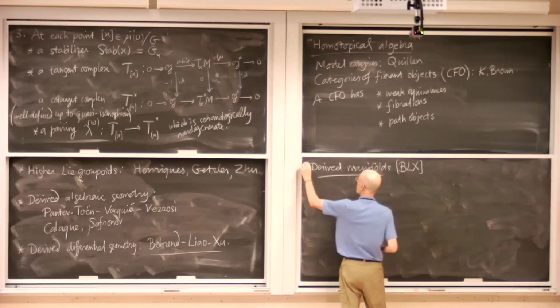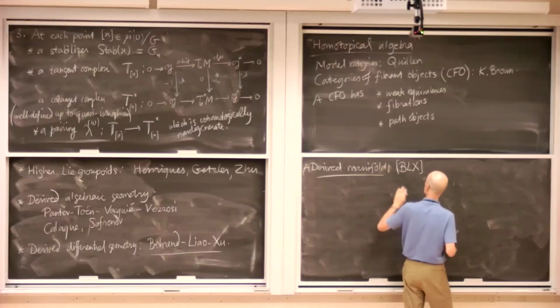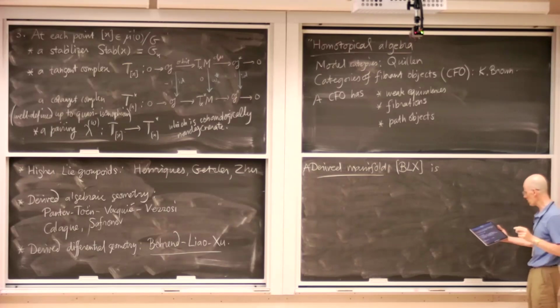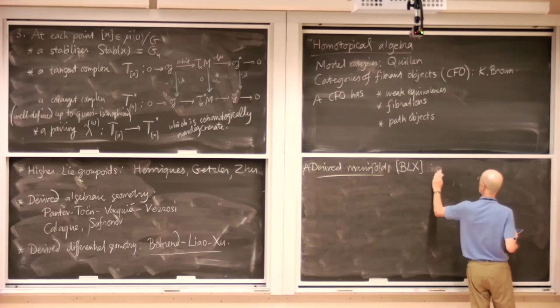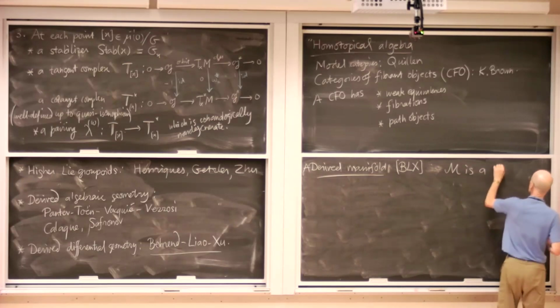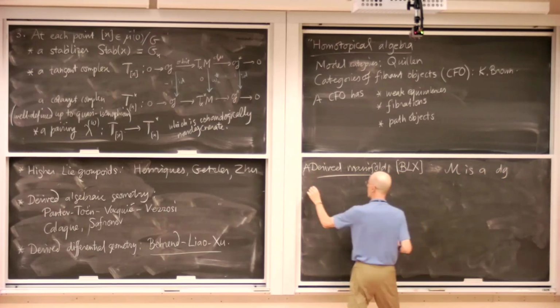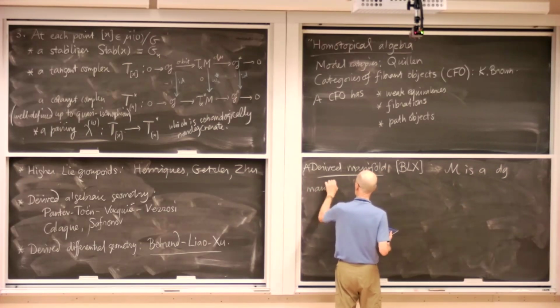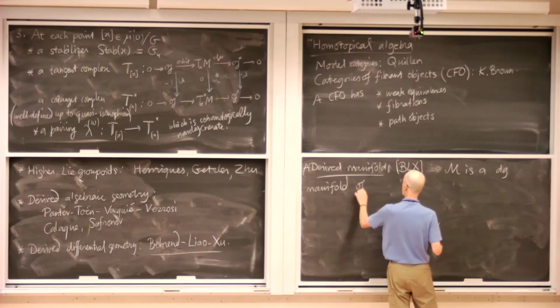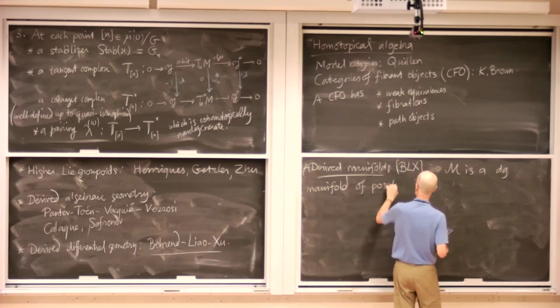So a derived manifold, that's simply a differential graded manifold of positive amplitude. A DG manifold of positive amplitude.